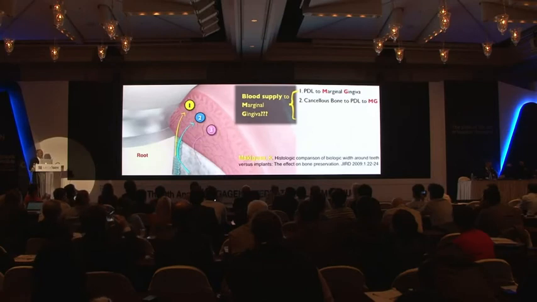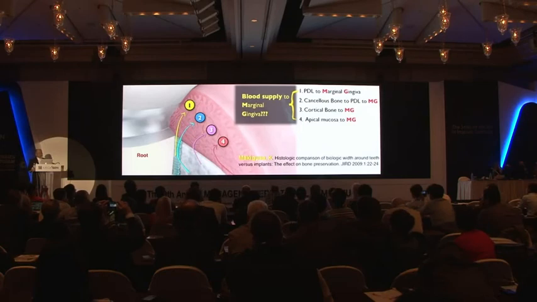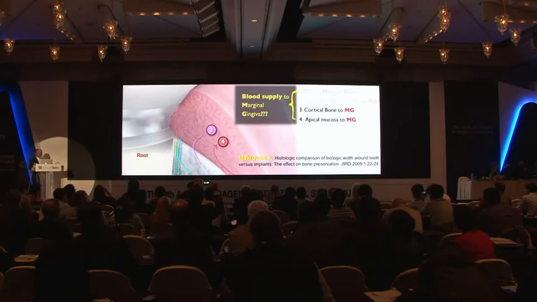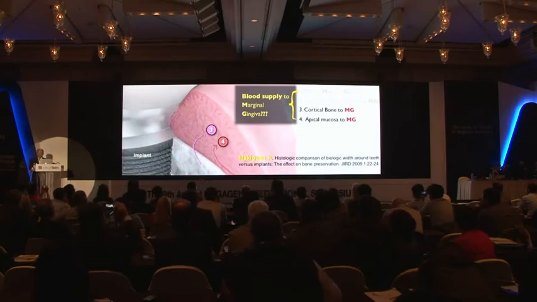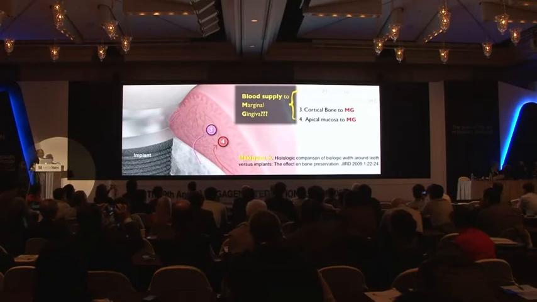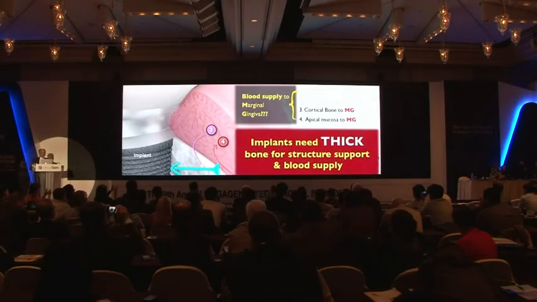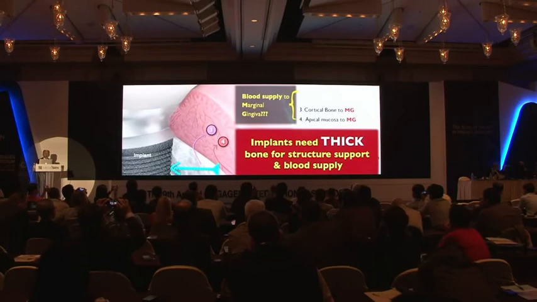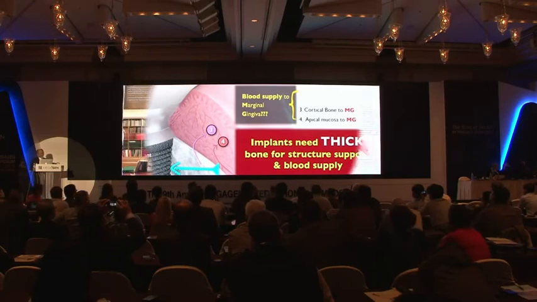Number 3, from the cortical bone, and finally, number 4, from the apical mucosa to the marginal gingiva. And one day, when we lose the tooth, we no longer have the PDL, so we no longer have supplies 1 and 2. The only ones left are number 3 and number 4. That's why we need a thicker bone, for structural support and for blood supply.